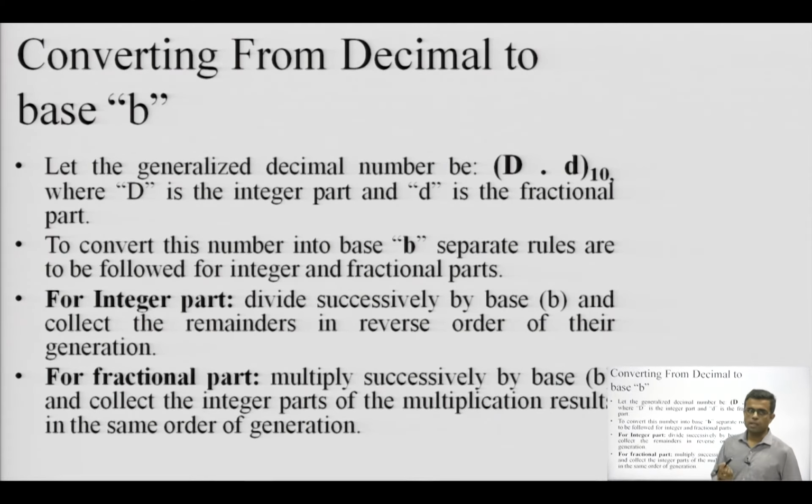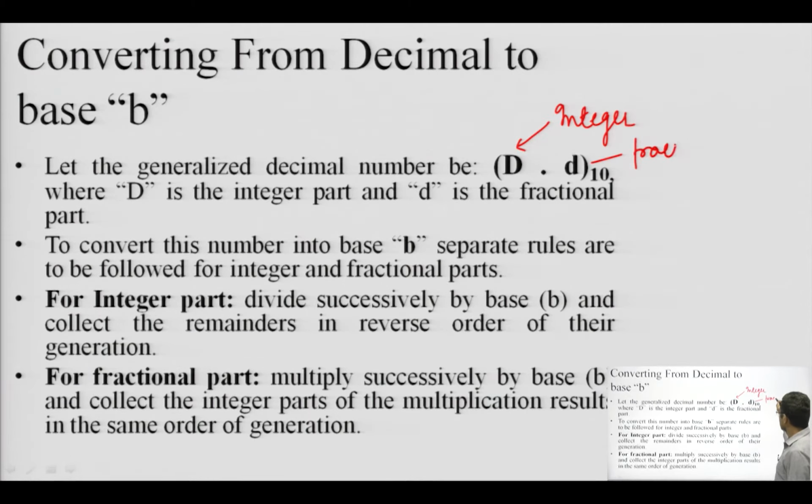Let us take a general number in decimal. This is a number D.d. Now, this capital D is the integer part, and this small d is the fractional part. We have 2 separate rules for the integer part and the fractional part, to convert this decimal number into base B, where B can be 2 for binary, 8 for octal and 16 for hexadecimal.